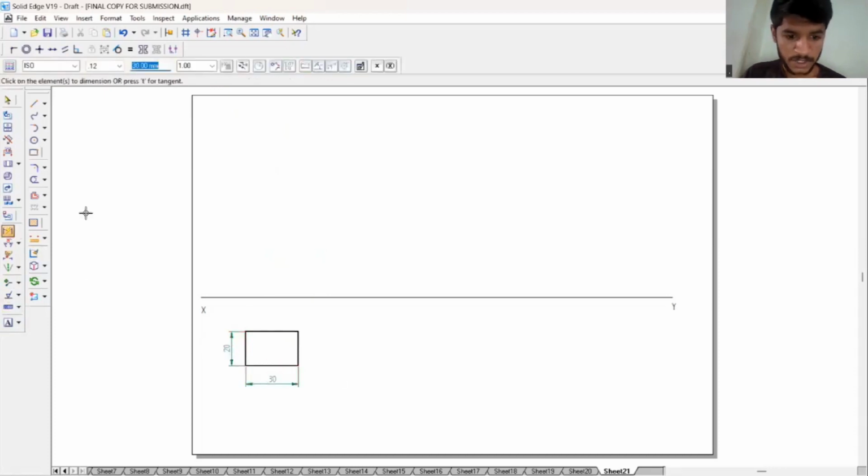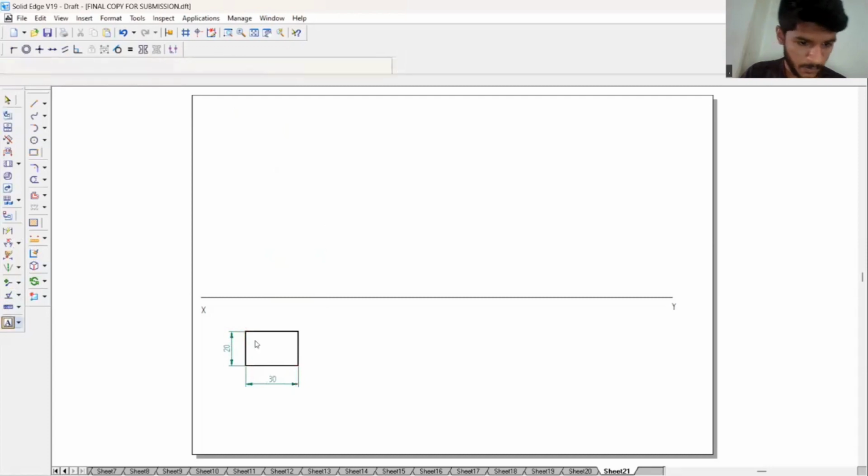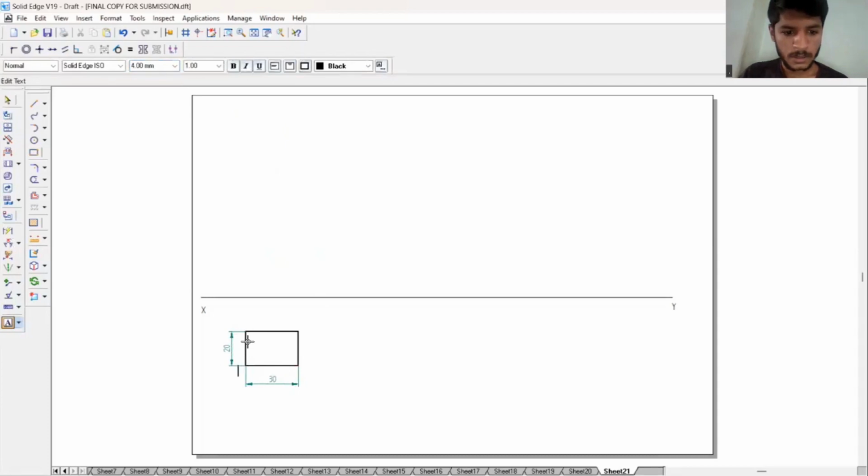And let's give the dimensions of both sides, 20 and 30, and name all the corners A, B, C, and D.